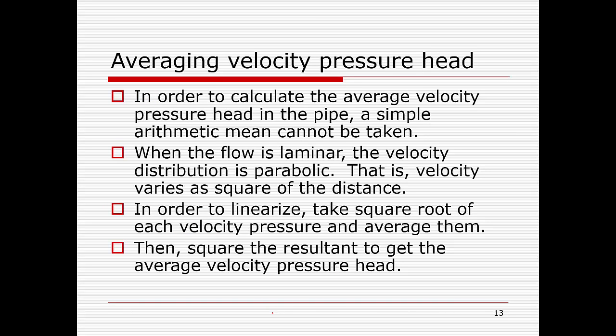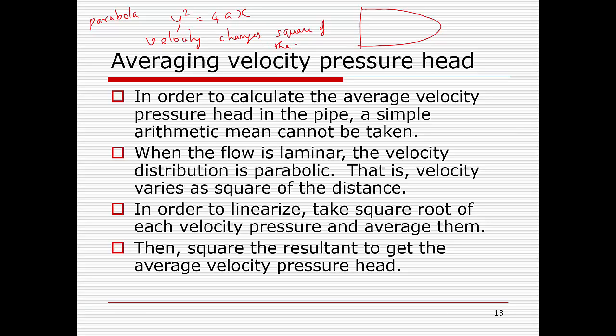In order to average it, you cannot simply take the arithmetic mean of those 4 points because the flow is a laminar flow. And the equation of the parabola is y square equal to 4ax, right? That's the equation of the parabola. What that means is the velocity changes as the square of the radius, right?